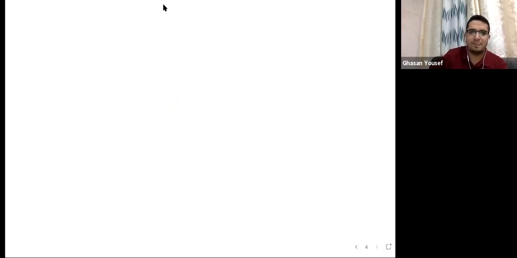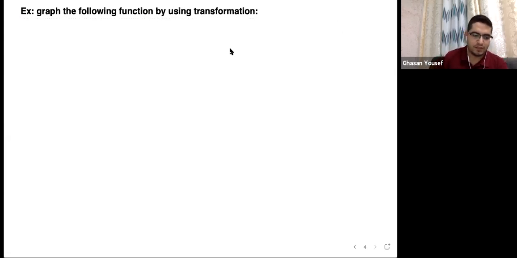So my example: graph the following function by using transformation. So I'm using the transformation to graph this function.